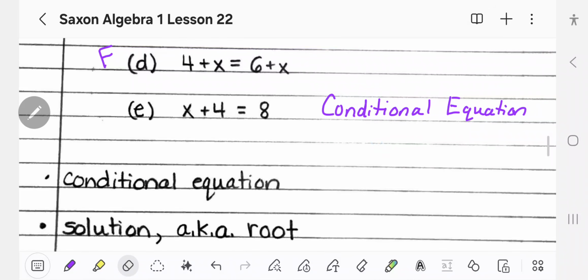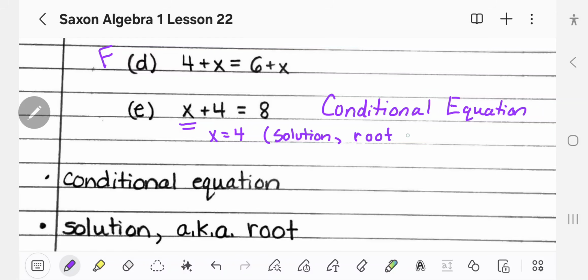Now, one of the other terms that you're going to learn is solution. Notice how I said here, and you remember how to solve these, we can just see looking at this one that this value has got to be 4. So if I know that x is equal to 4, then 4 is the solution. It is the number for the variable that makes the equation true. But there's another name. A solution is also known as a root.